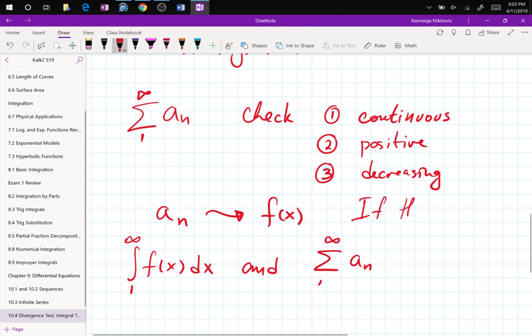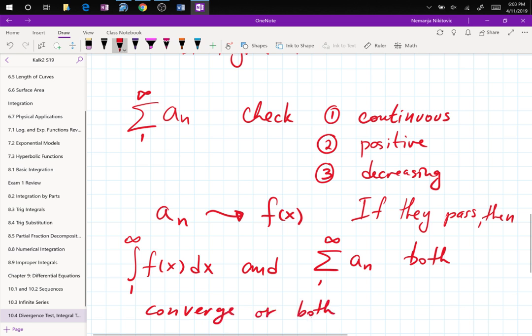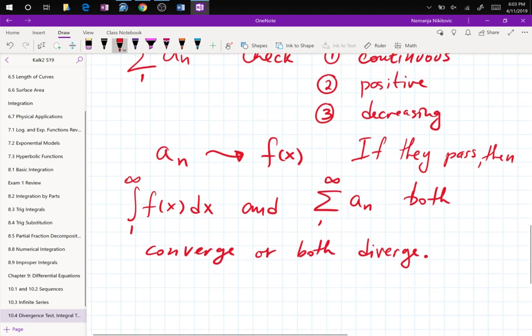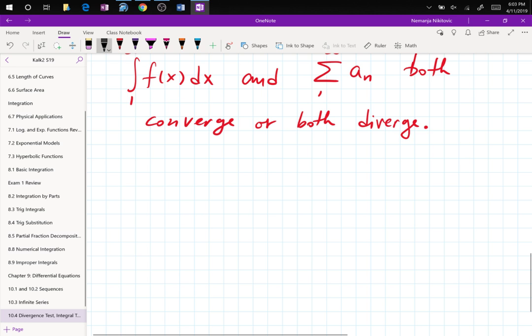If they pass, then the integral and the series both converge or both diverge. So they share the same fate. And that's the test.